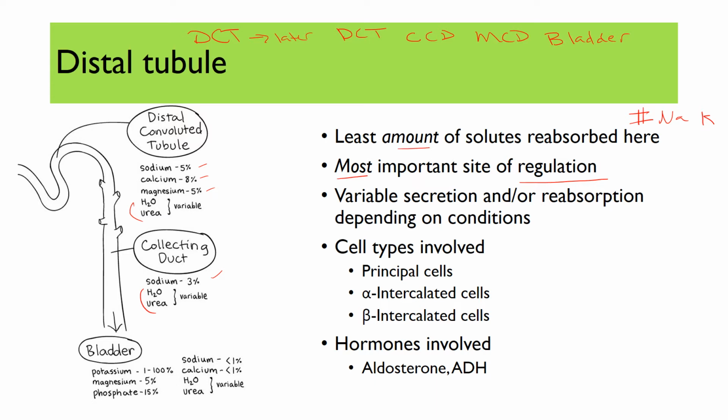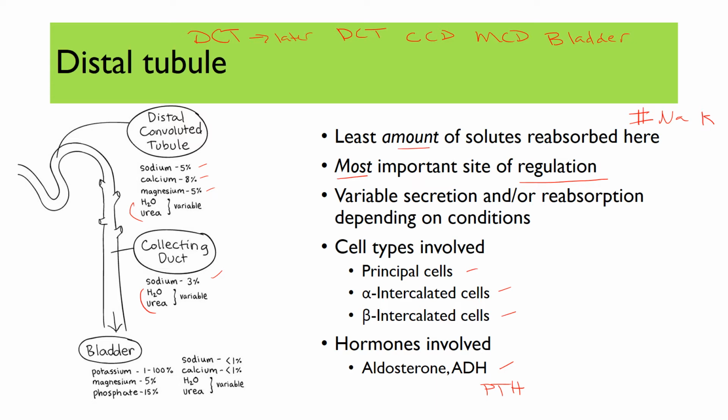There are 3 cell types to keep straight in the distal tubule: the principal cells, alpha intercalated cells, and beta intercalated cells. And then finally, there are 2 hormones to really keep straight as far as I'm going to talk about, and they are aldosterone and ADH. But you could also talk about PTH as well, and probably some others that we won't go into.